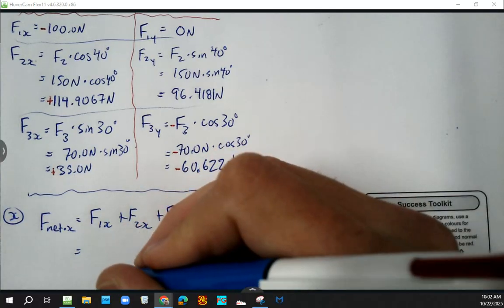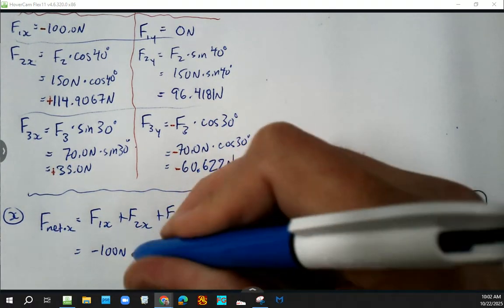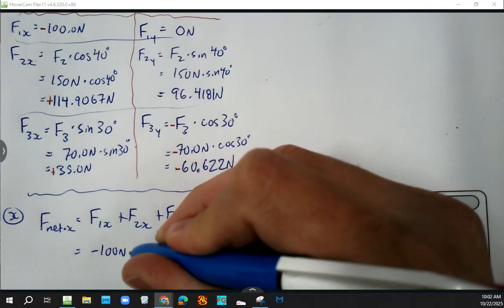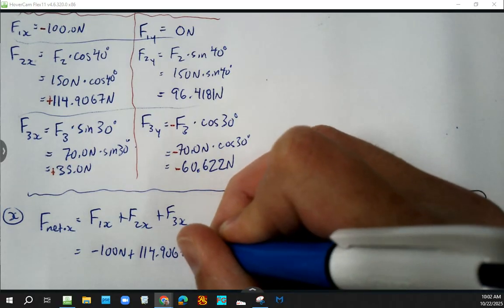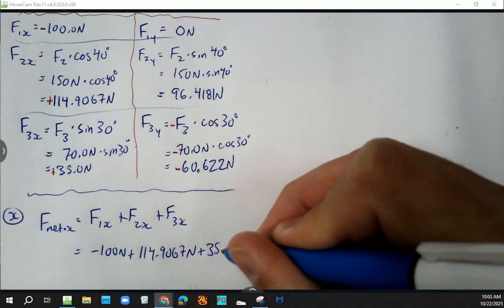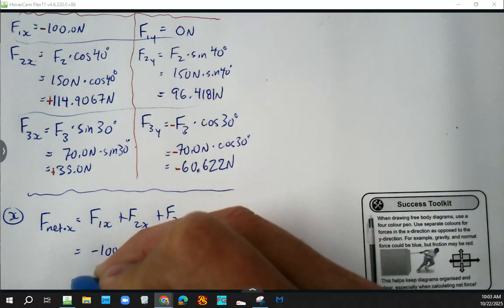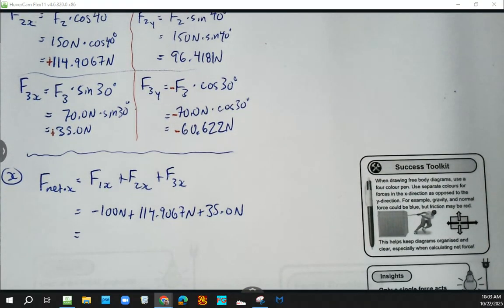As I write this out, that means I have negative 100 newtons. Notice I'm keeping that negative sign. Plus F2x, 114.9067 newtons. Plus F3x, 350 newtons. And somebody with a calculator that can add nicely, what's the net force in the x direction?